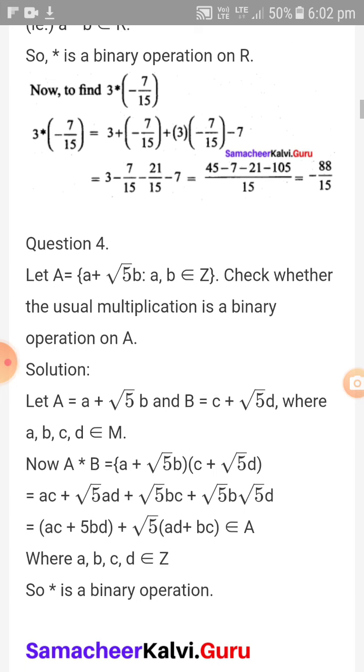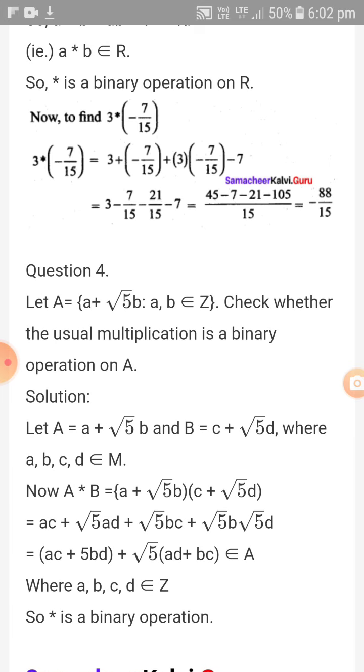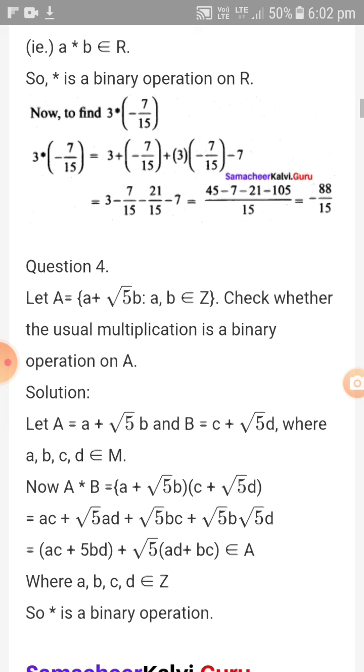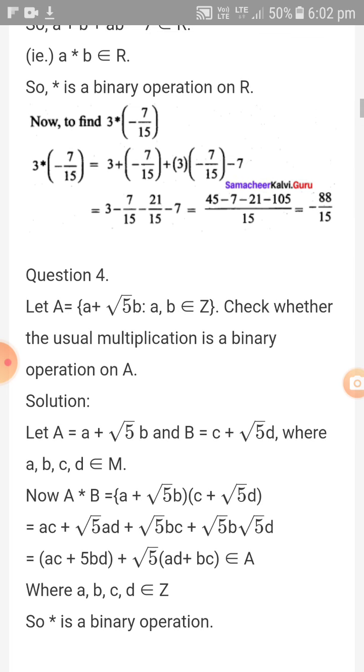Question number 4: let A be the set of a plus root 5 b, where a, b belongs to integers. Check whether the usual multiplication is a binary operation on A. Here let a plus root 5 b and c plus root 5 d, where a, b, c, d belongs to Z. Now we take the product. We multiply a plus root 5 b into c plus root 5 d, giving ac plus root 5 ad plus root 5 bc plus root 5 b root 5 d.